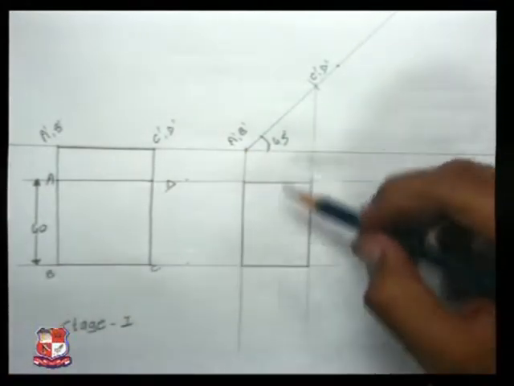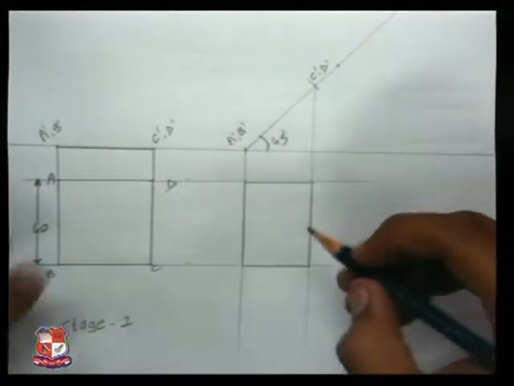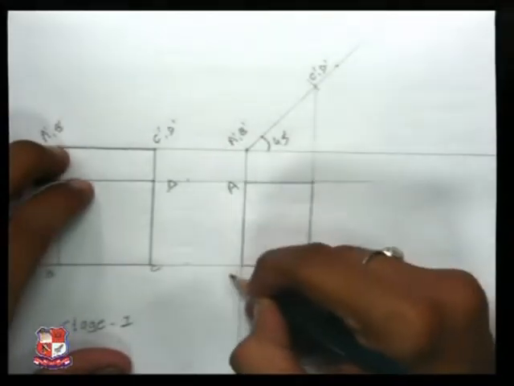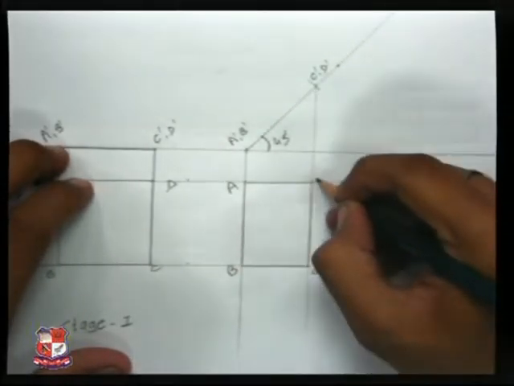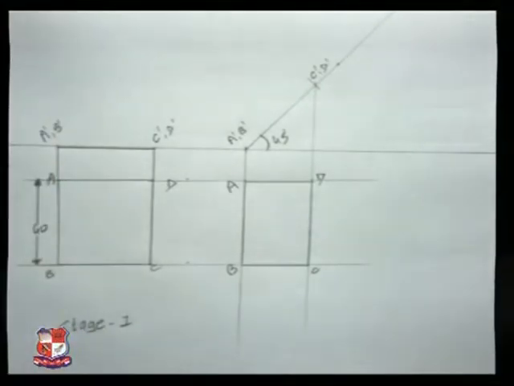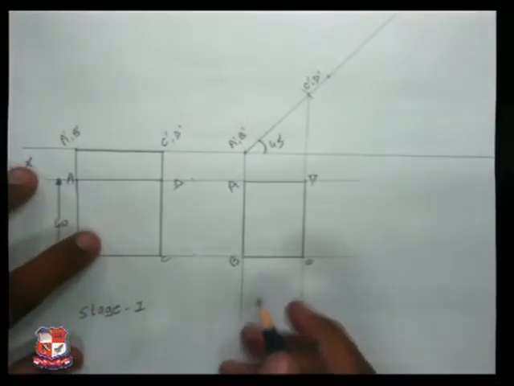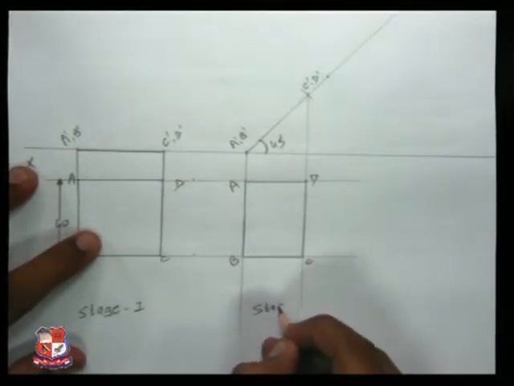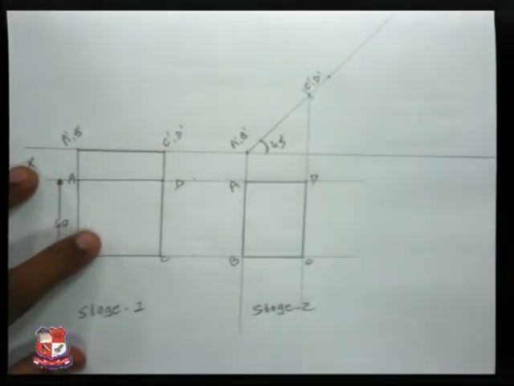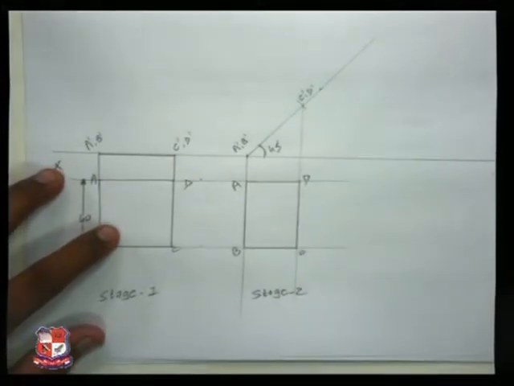A to A dash, B to B dash, C to C dash and D to D dash. We can give nomenclature to the same. This is stage 2.